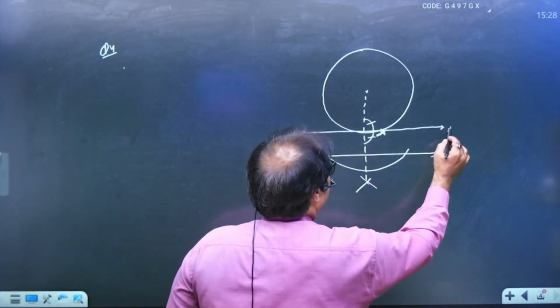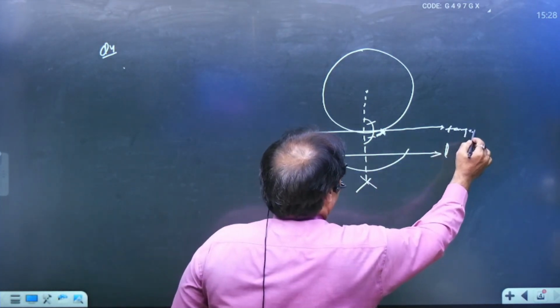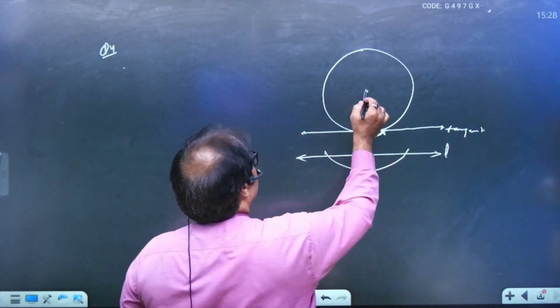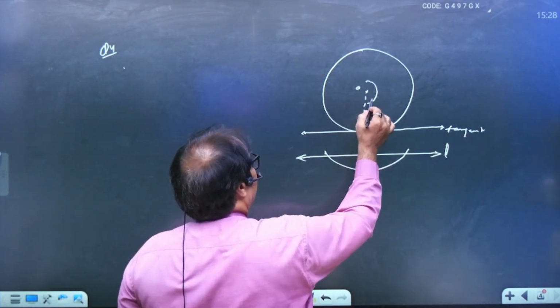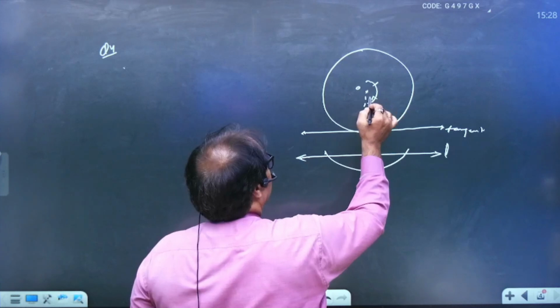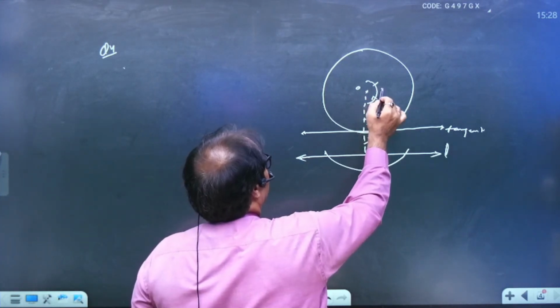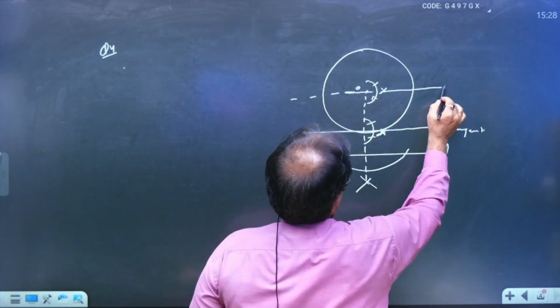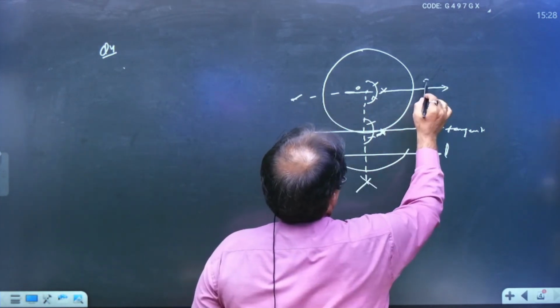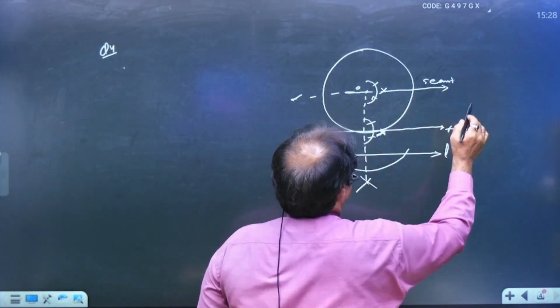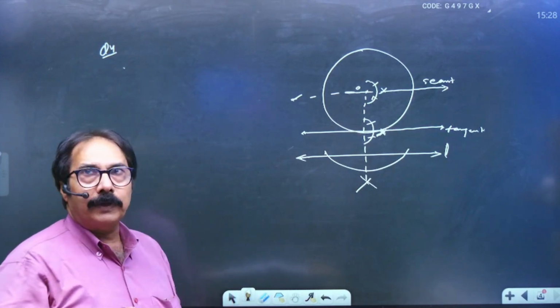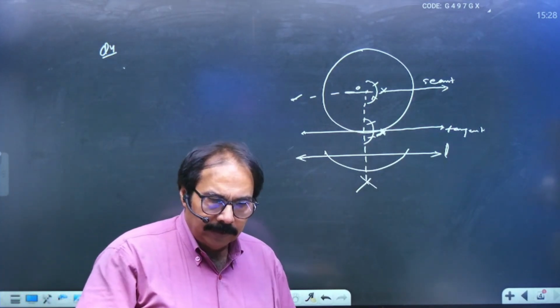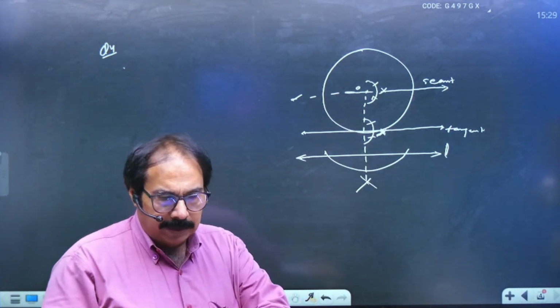So this is the tangent. Then at the center, draw another angle: first arc of 60 degrees, second arc of 120 degrees, and point of intersection at 90 degrees, and draw another line. Now it is the secant. In this way we will solve this question. Actually, it is a case of construction.